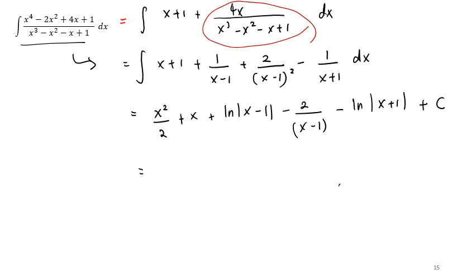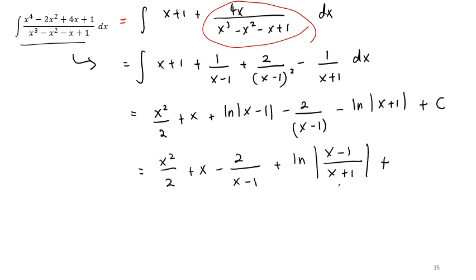Then you can simplify the terms with the ln, collecting them together: plus ln of x minus 1 over x plus 1, plus C. That's it really. So this is your final solution.